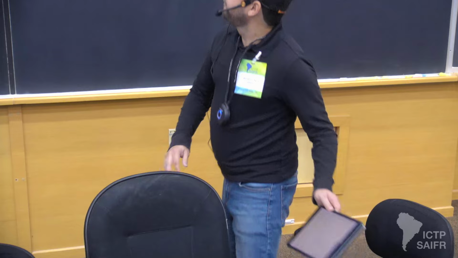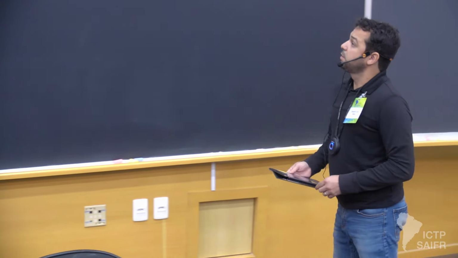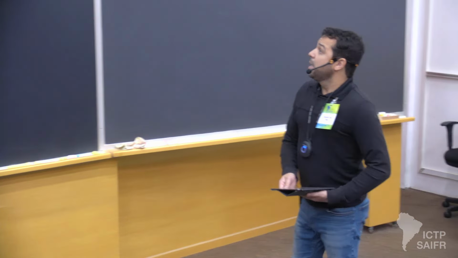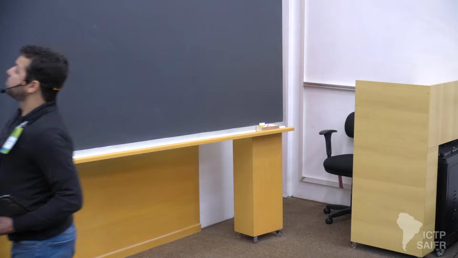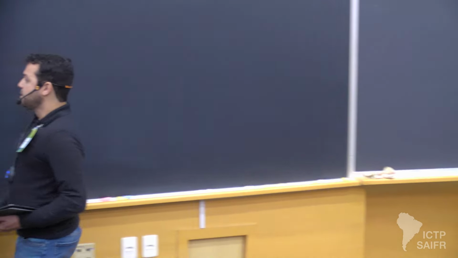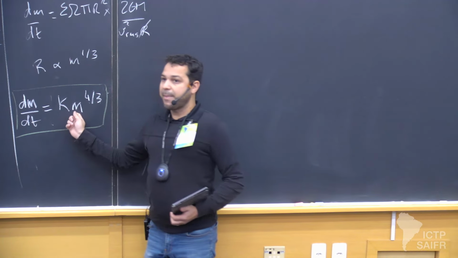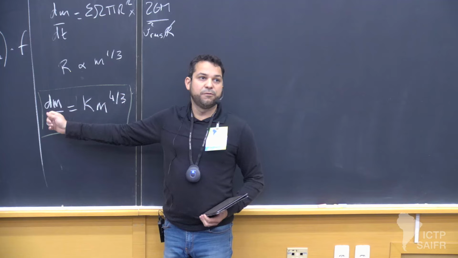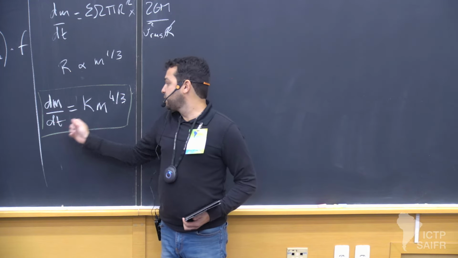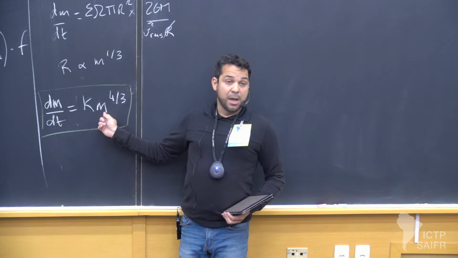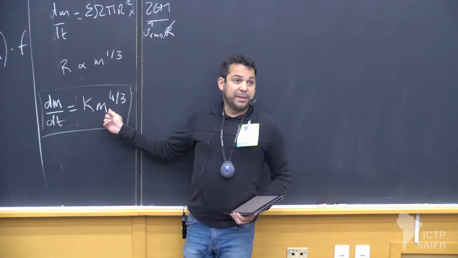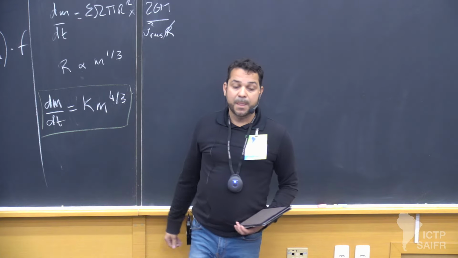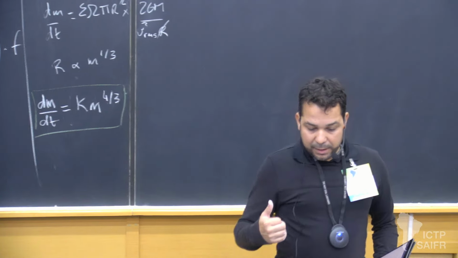This is what you find here when you integrate these equations. The largest body is growing the fastest, as you can see here, because the higher the mass, the higher the growth rate, right? The dM/dt is proportional to a high power of the mass. So the largest objects grow the fastest.